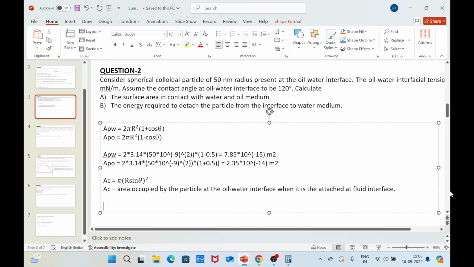Then how much energy needs to be expended for detaching the particle from the interface and moving into one of the respective mediums? What is the amount of energy that will be required for this process? How do you calculate that?